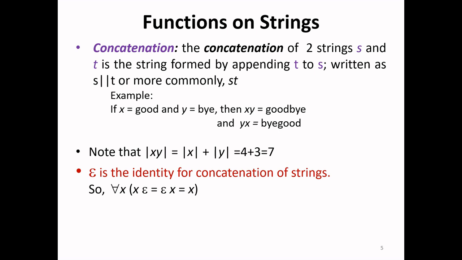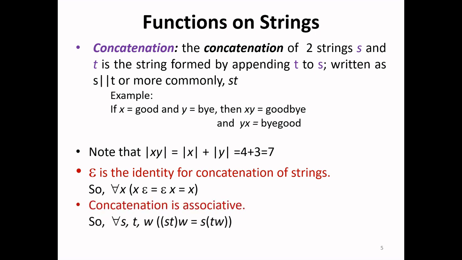That is, for all x, x concatenated with epsilon is equivalent to epsilon concatenated with x, which is equal to x, and concatenation is associative. That is, for all S, T, W, (ST)W is equal to S(TW).